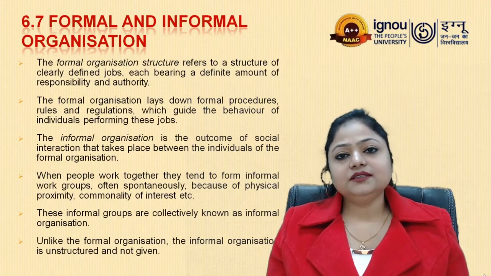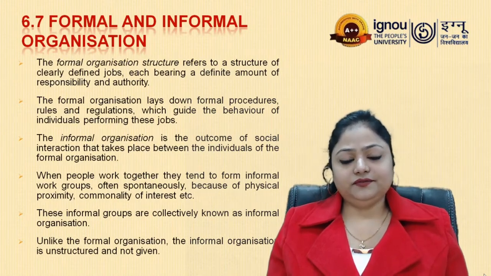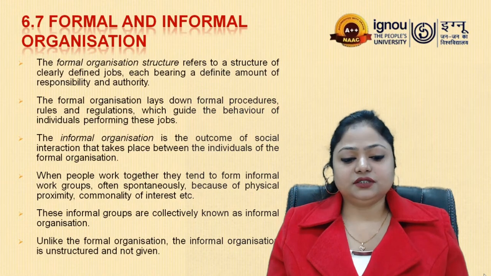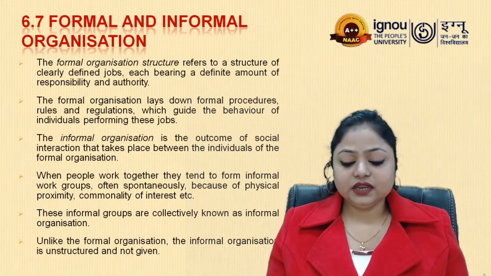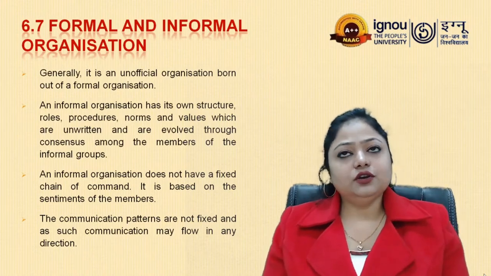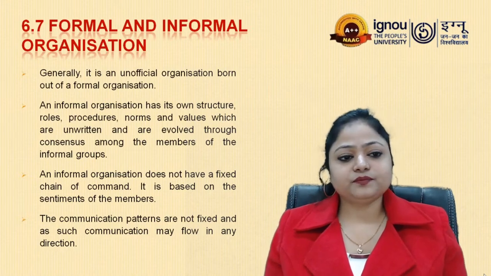These informal groups are collectively known as informal organization. Unlike the formal organization, this type of organization exists throughout the entire organization, and it is unstructured and not given. It happens on its own. Generally, it is an unofficial organization born out of a formal organizational structure.